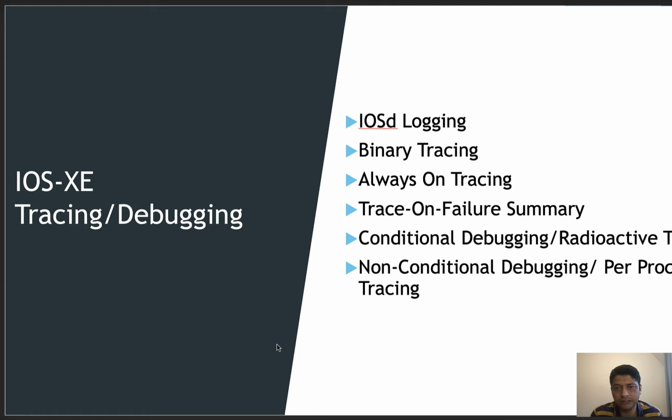So IOS XE tracing and debugging is something we need to keep in mind while making an AP join or a client getting connected, because it's very important. It's not the way we used to troubleshoot in the AireOS controllers. It's not the same method we are following here. Logging sessions are stored into the respective memory. That's why it's called always-on tracing.